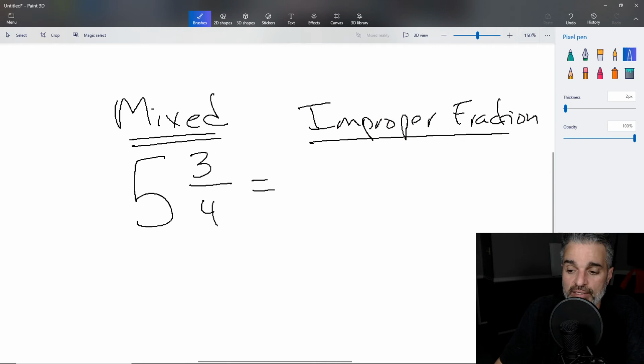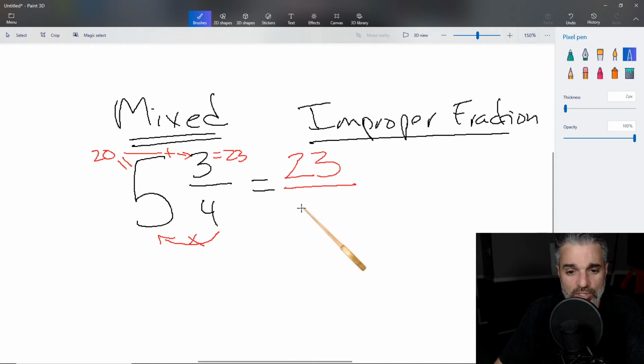So the steps are the denominator times the whole. 4 times 5 is 20. And now that 20, we add it to the 3. And that's 23. So the improper fraction is going to be 23 over 4 because the denominator stays the same.